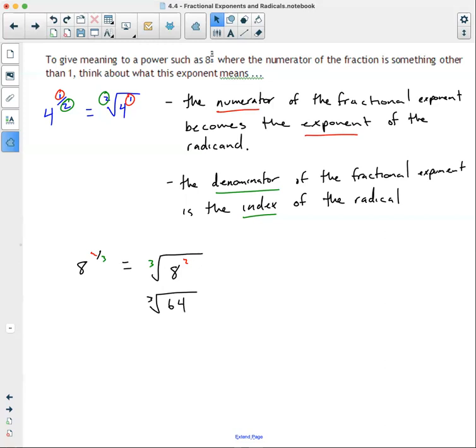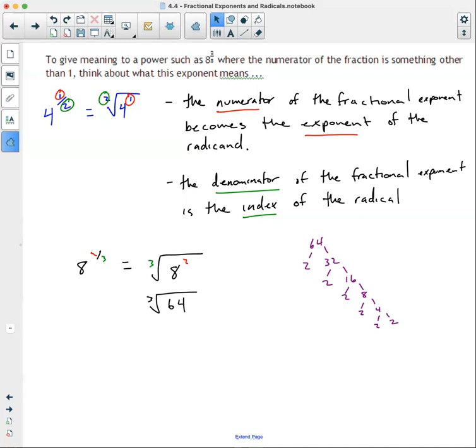Do a factor tree for 64. 2, 32, 2, 16, 2, 8, 2, 4, 2, 2. 2 groups of 2, so 2 times 2.